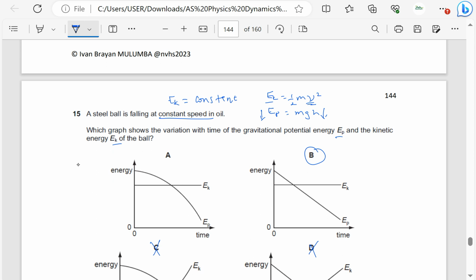Or if it was falling with an increasing speed, it will also not be a straight line. So the answer is this one, because for kinetic energy, the speed is constant and the kinetic energy should not change. And if the speed remains constant, the height decreases by equal amounts in equal time intervals, so the potential energy also decreases uniformly. So the answer is going to be B.